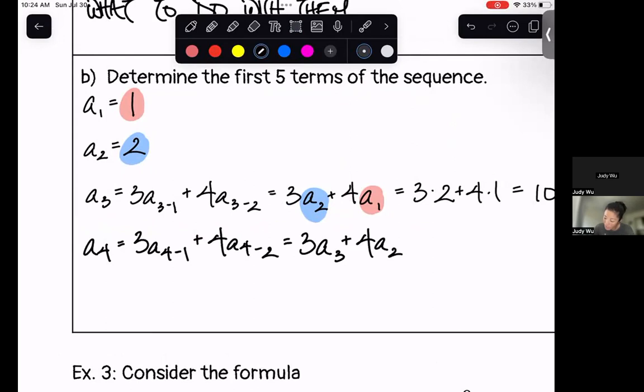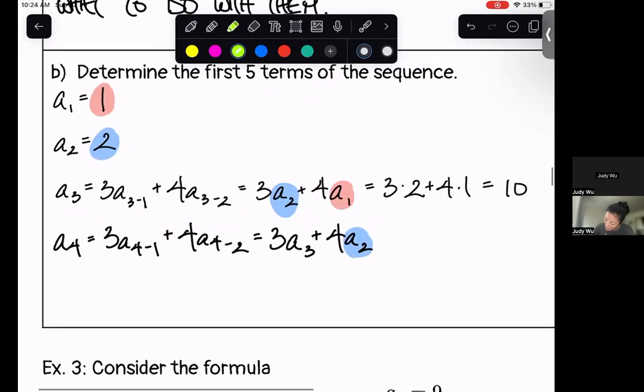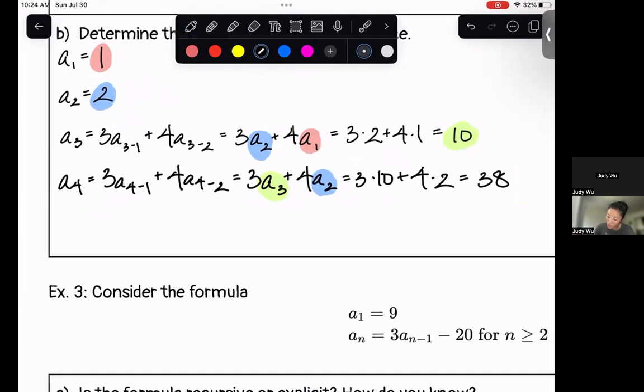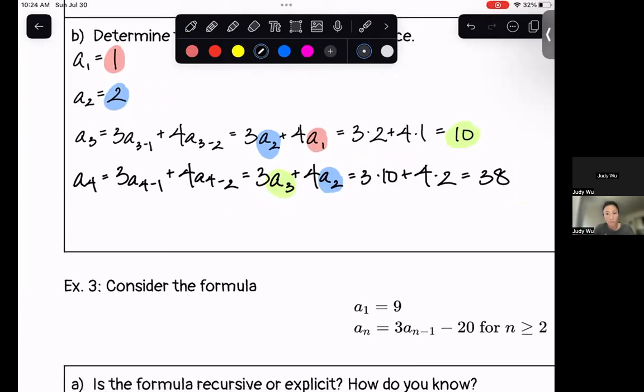So now my A sub 2 is going to go here. And my A sub 3, which was 10, is going to replace A sub 3, okay? So we get 3 times 10 plus 4 times 2. Let's see, and that gives us a total of 38 for A sub 4.